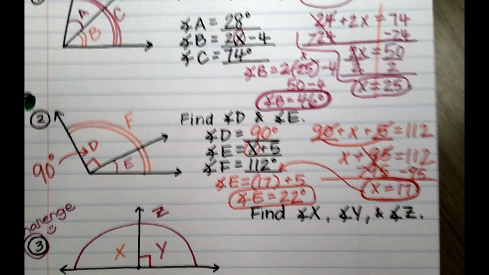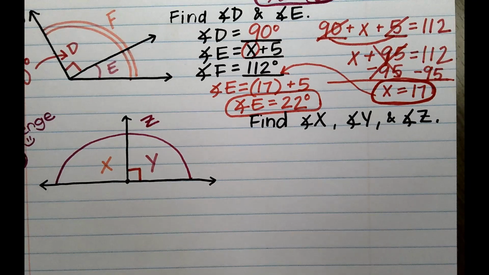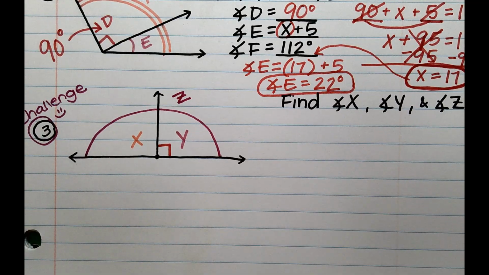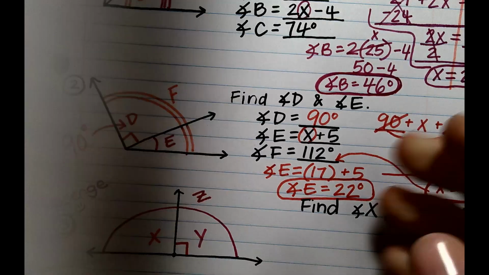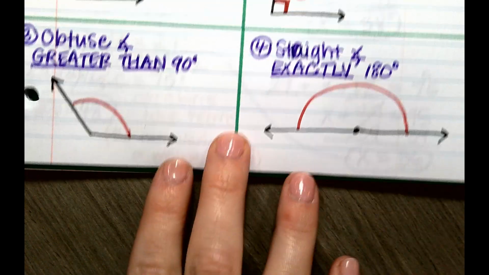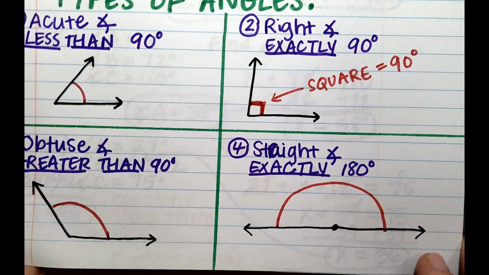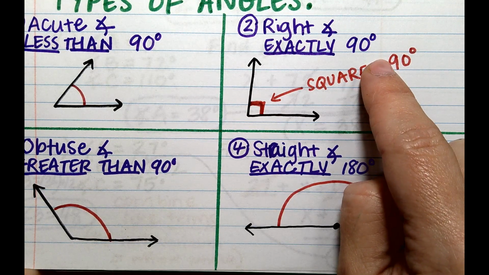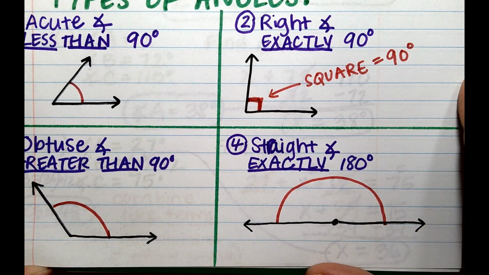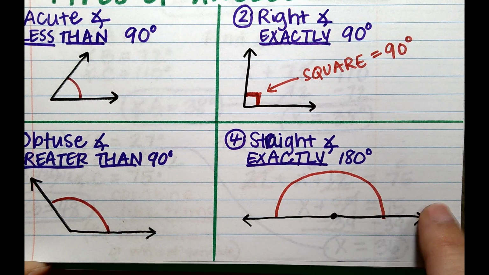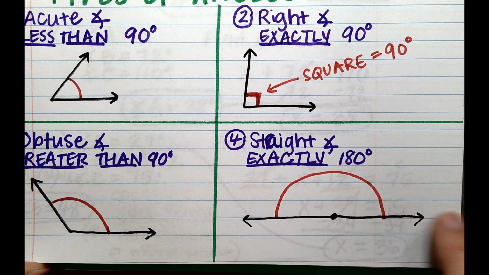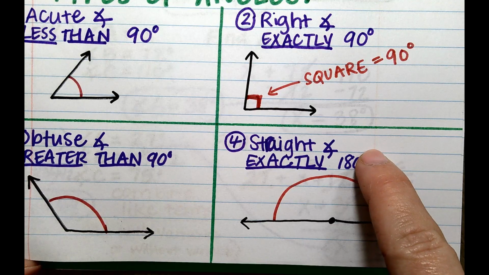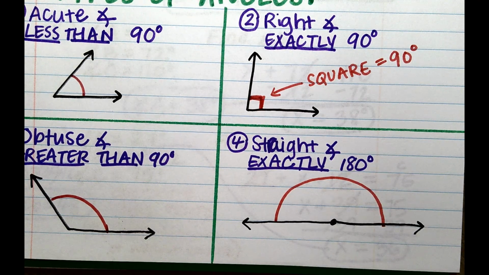Let's talk about this. Let's walk through it. I'm going to zoom in a little closer. If we go back to our notes from yesterday, I'm going to pull out the types of angle chart. I know that if there's a square, it's 90 degrees. I also know that a straight line or a straight angle like this is 180 degrees. So there's my 2 angles that are going to help me.